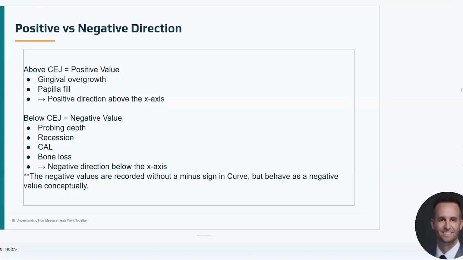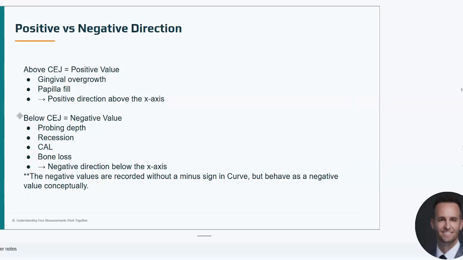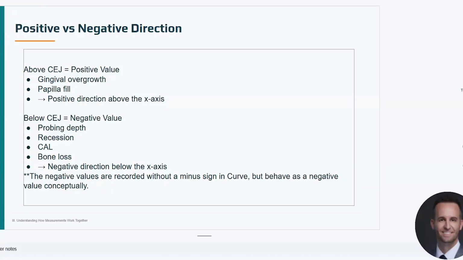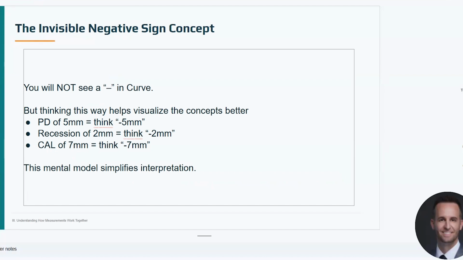So when we have gum tissue that goes above the CEJ and fills in that embrasure in Curve, we actually chart that with like a +2 or a +3. We actually put the positive sign in there. When we're charting anything below the CEJ, we don't put a negative sign in there. We don't see a negative sign in Curve.